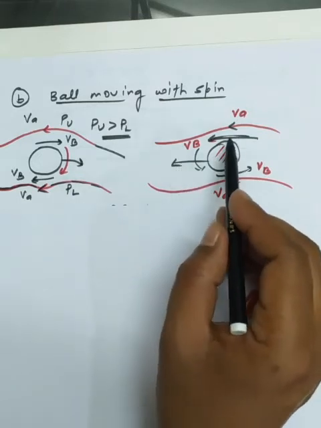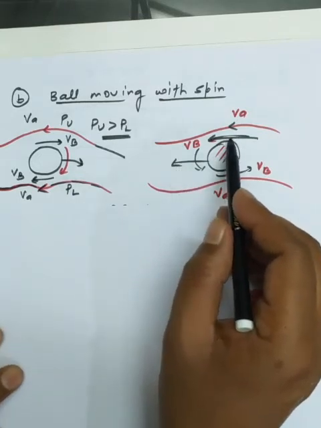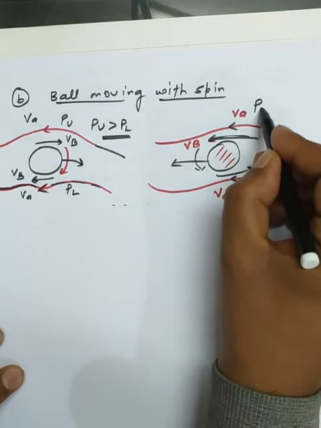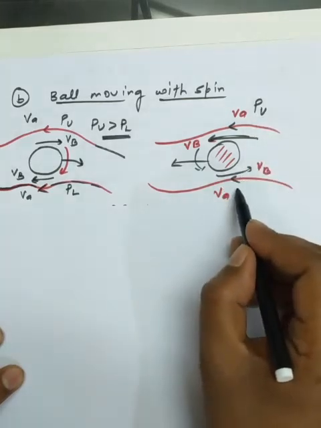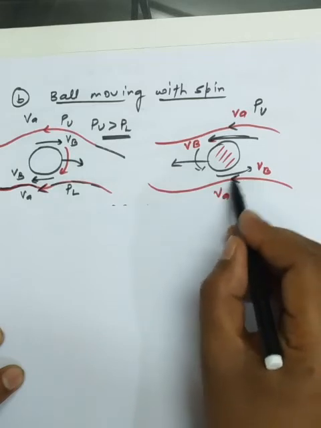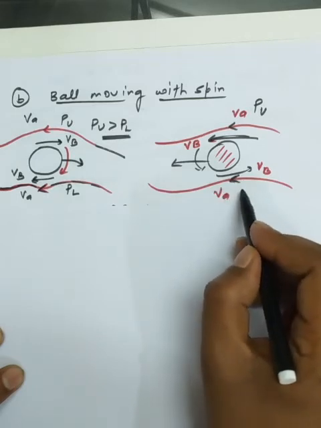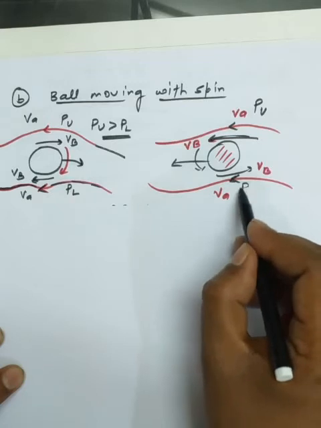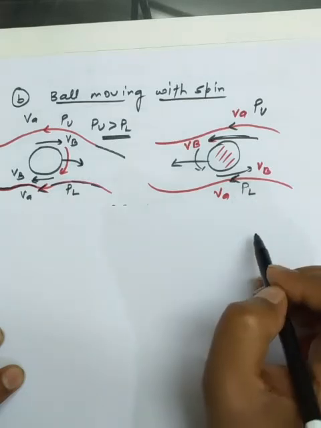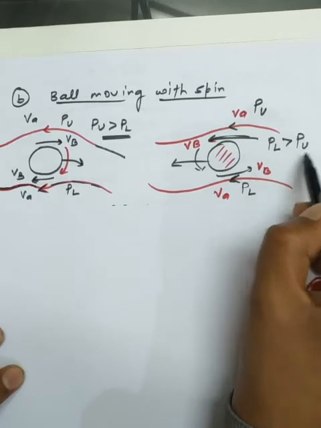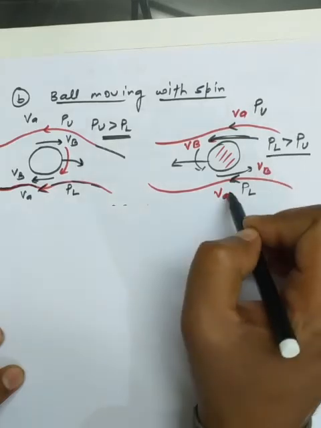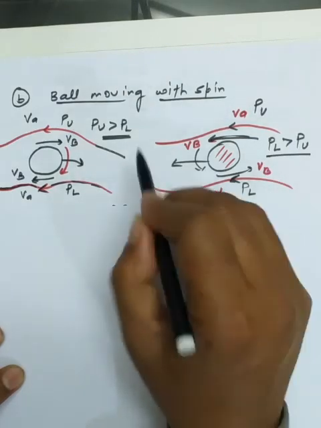So in the upper part the velocity is quite higher, and the pressure in the upper part is called PU. In the lower portion we have less velocity, because both are in opposite directions, so we get the pressure in the lower part, called PL, and definitely PL will be greater compared to the pressure in the upper part. So it will create a little bit of a bump in the air.